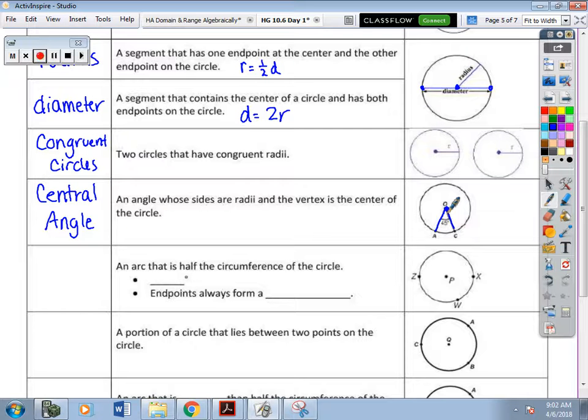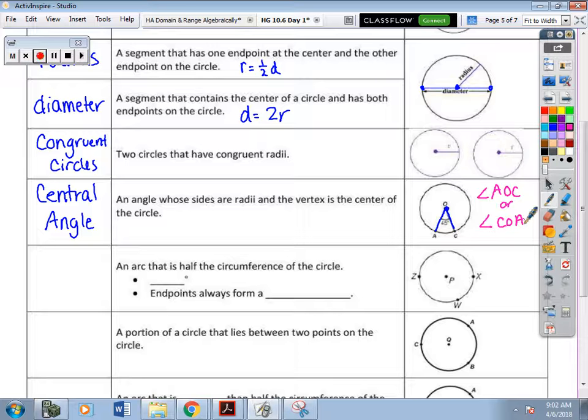Do you remember how to name angles using 3 letters? What would I call this angle? 2 possible names. AOC or COA. Technically, you could call it angle O because it's the only angle in the picture, but usually there's going to be more than one. Just reviewing that.